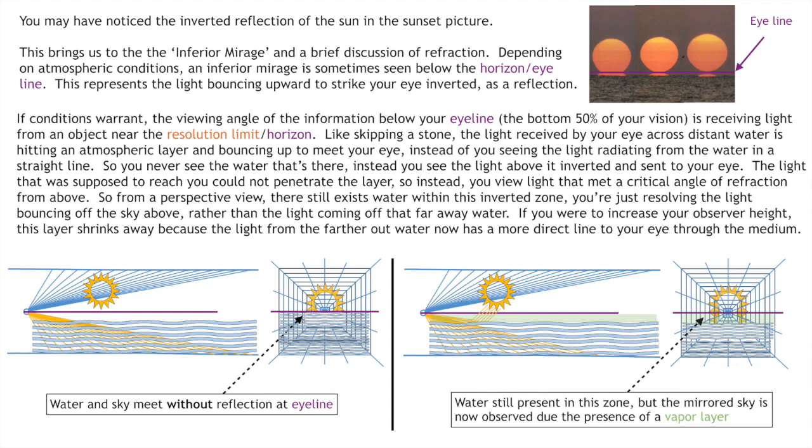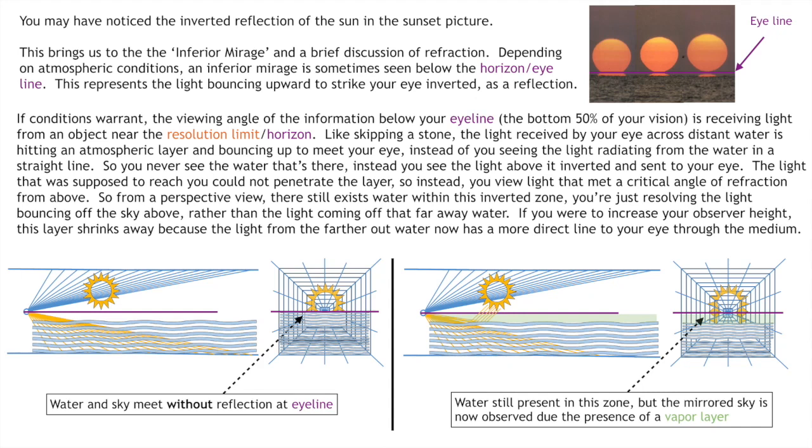So I try to depict that here on the lower right with this green vapor layer by taking some of the yellow rays that were coming off the water. The rays that were the most shallow and were trying to reach your eye, they refracted away, and I didn't depict those here, but they met a critical angle of sorts, and they refracted away from your eye. They never met your eye.